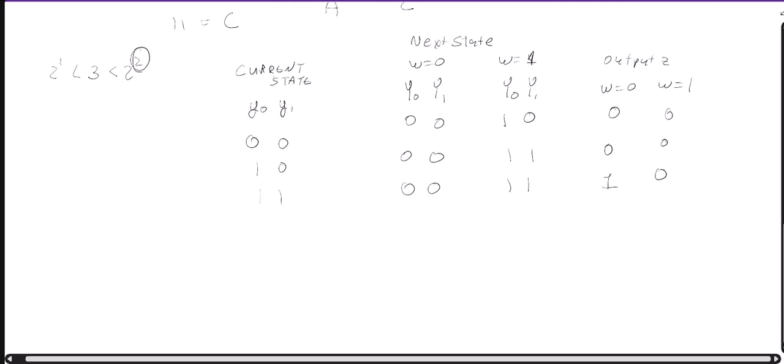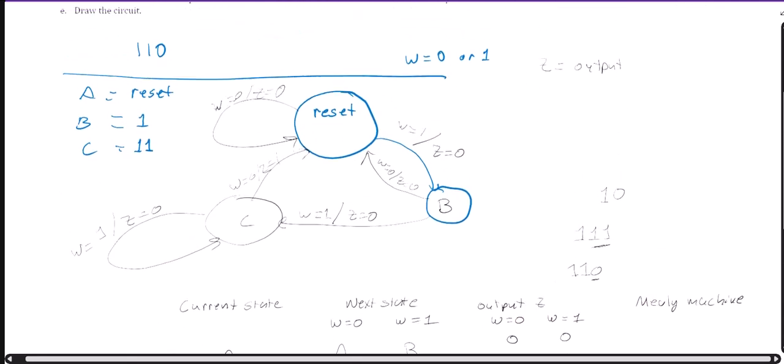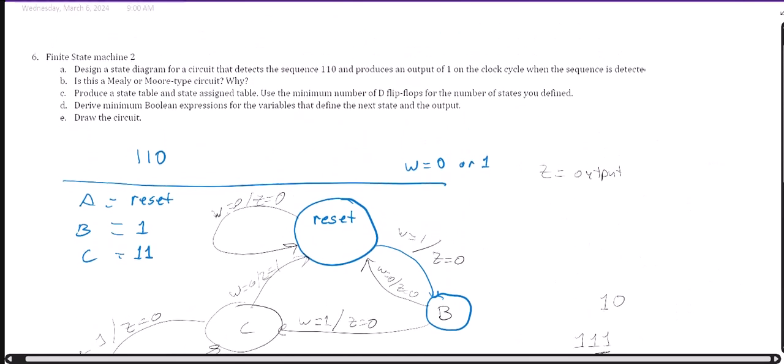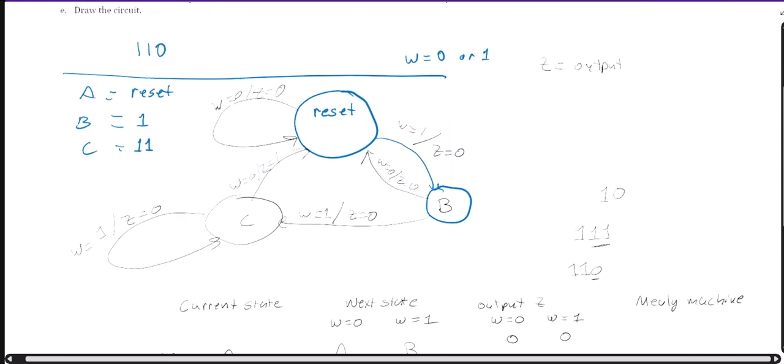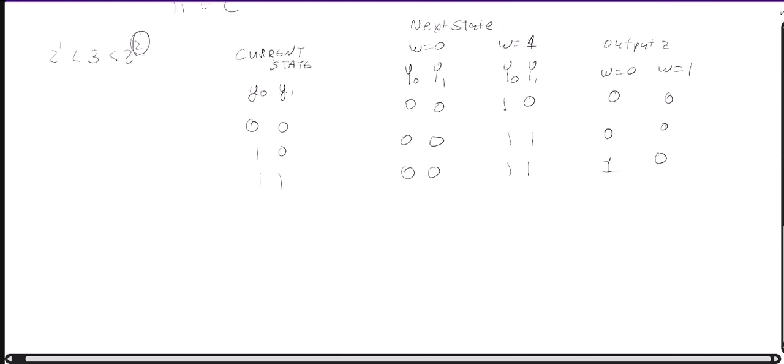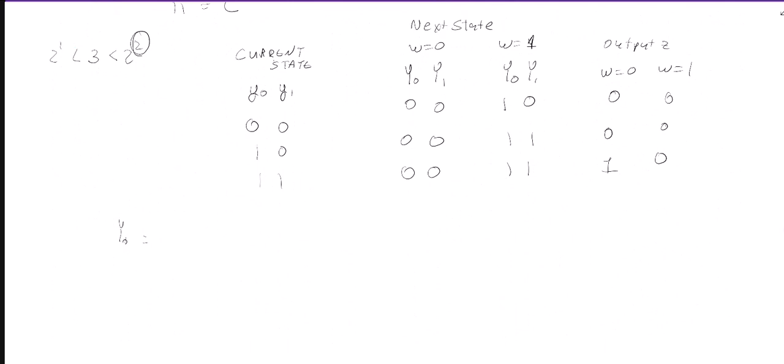Alright, so now my next job is to do minimum Boolean expressions for the variables. So I'll start with Y0.